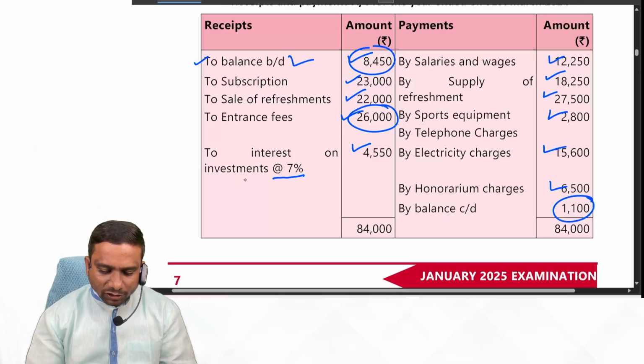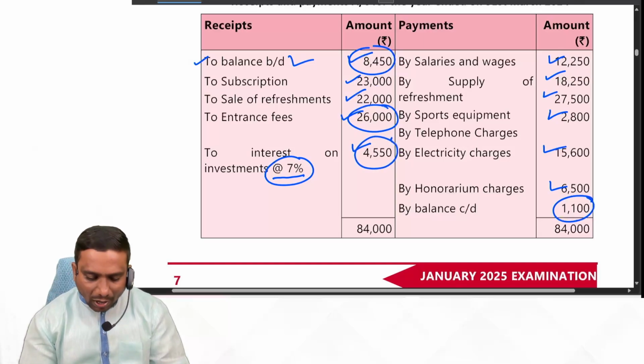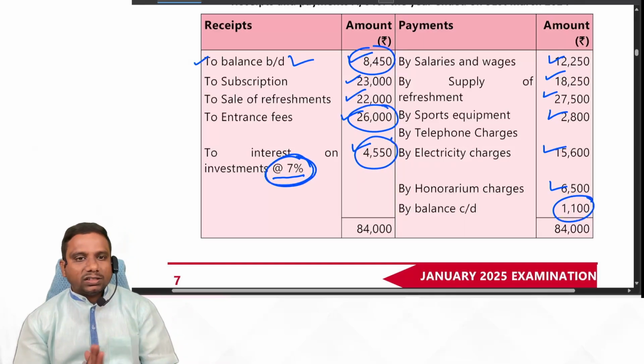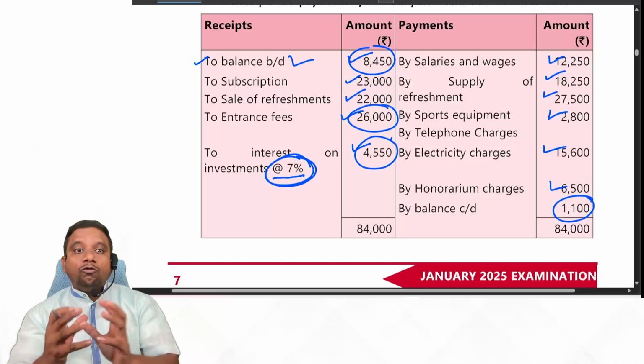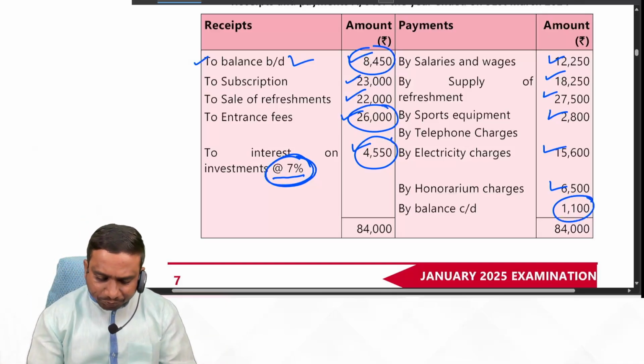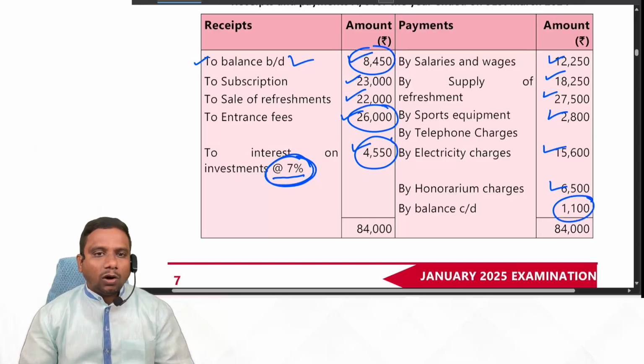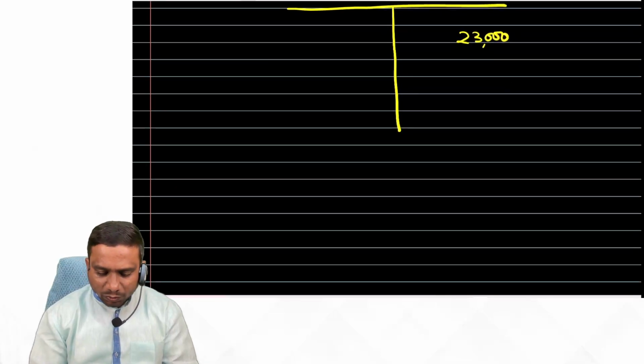Next, interest on investment at 7%. Here they have given interest amount and they said the rate of interest, and also they have given that full interest is received. So by using these two pieces of information we calculate the value of investment. What is the value of investment? How can we calculate? Simple.